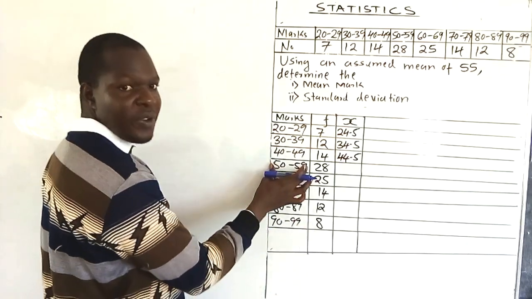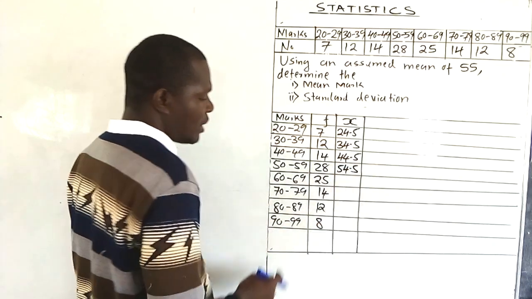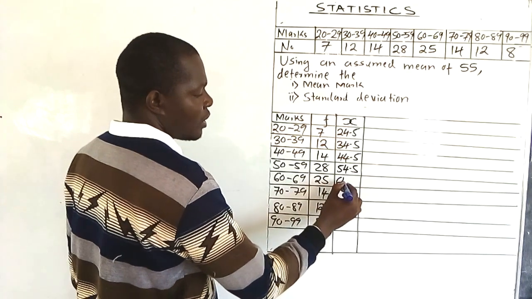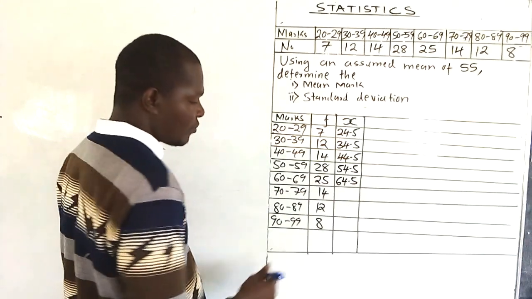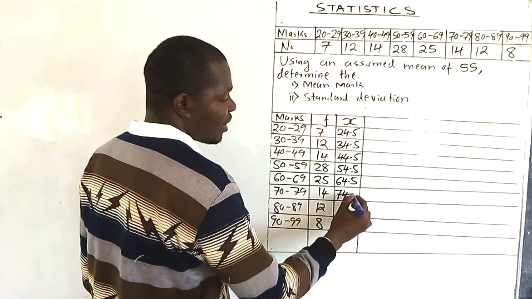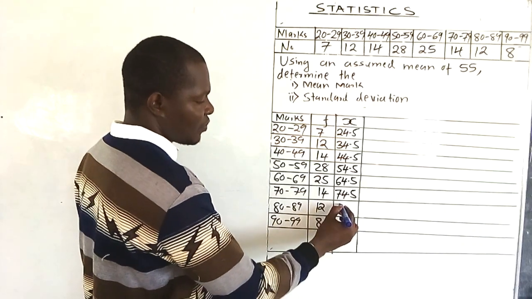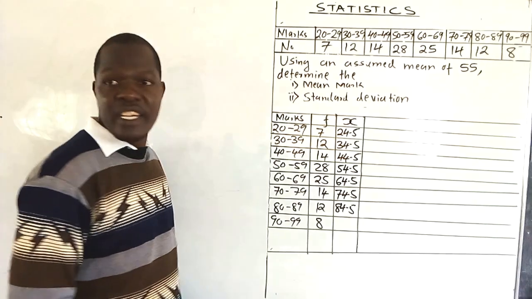Then what is the midpoint of 50 to 59? 54.5. The midpoint of 60 to 69? 64.5. The midpoint of 70 to 79? 74.5. The midpoint of 80 to 89? 84.5. The midpoint of 90 to 99? 94.5.